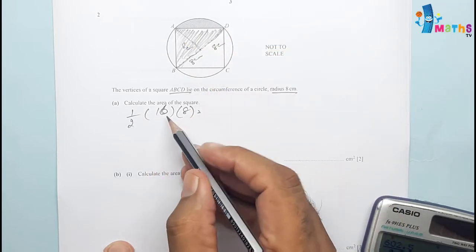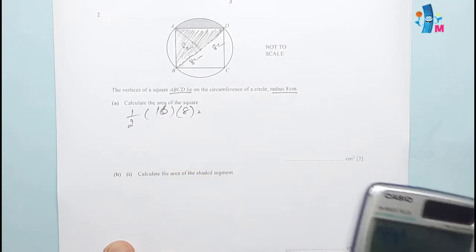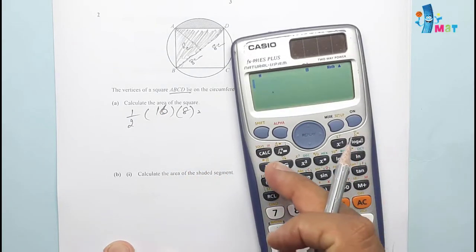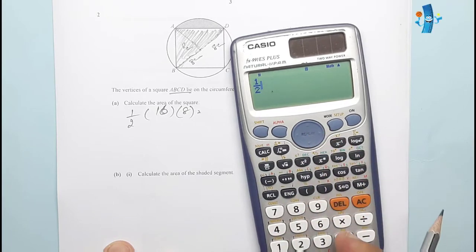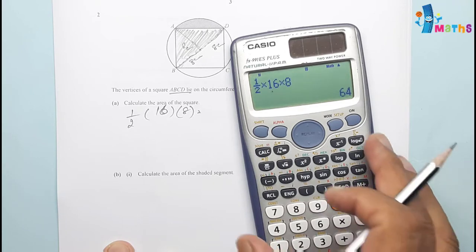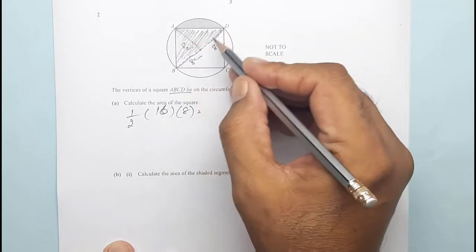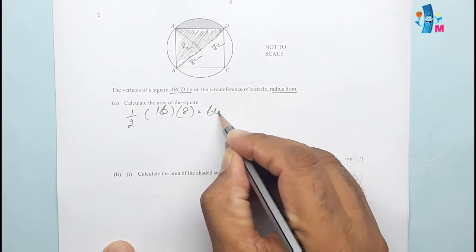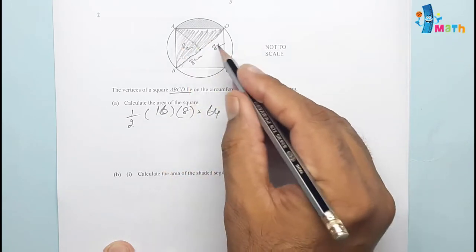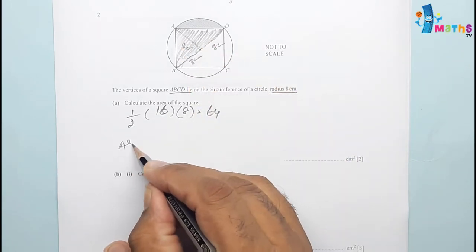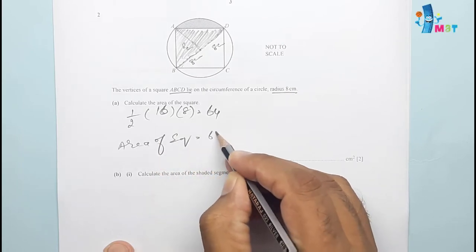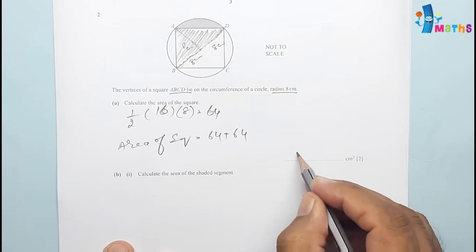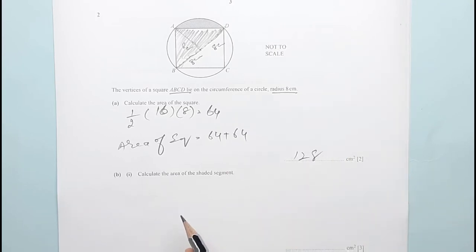So 1 by 2 multiply by 16 multiply by 8 is equal to 64. So half of the square is 64, and the area of the square will be 64 plus 64, which is 128.